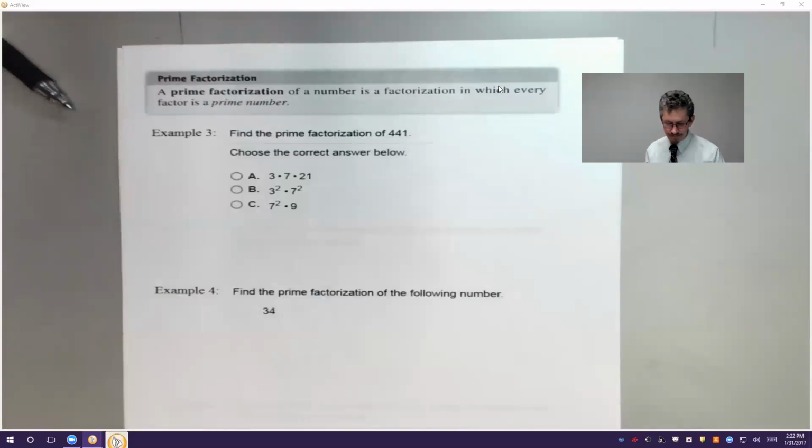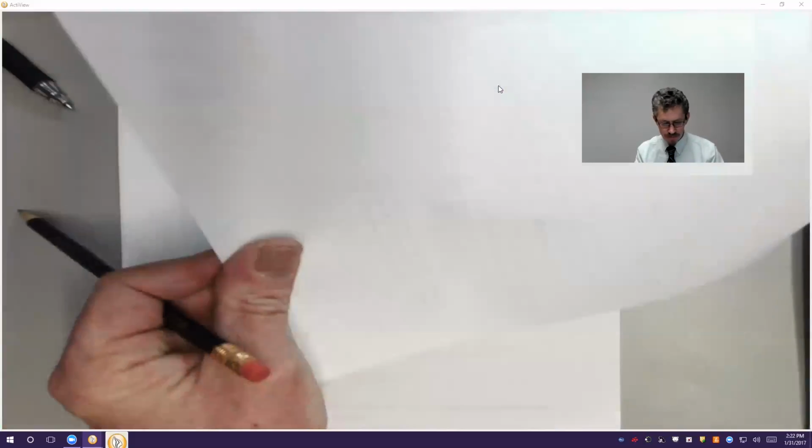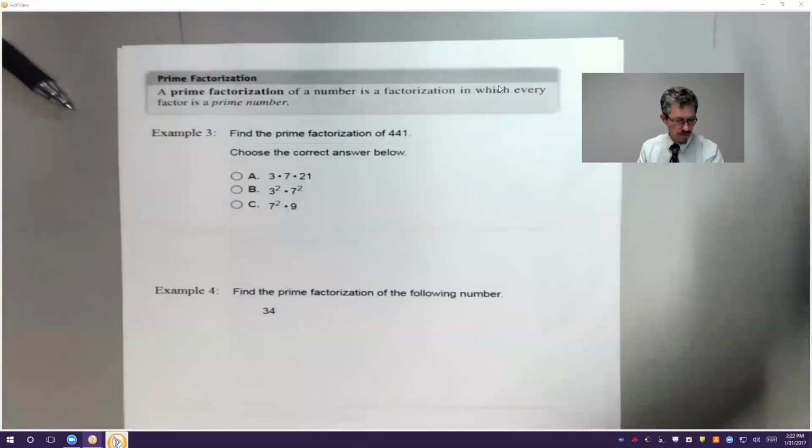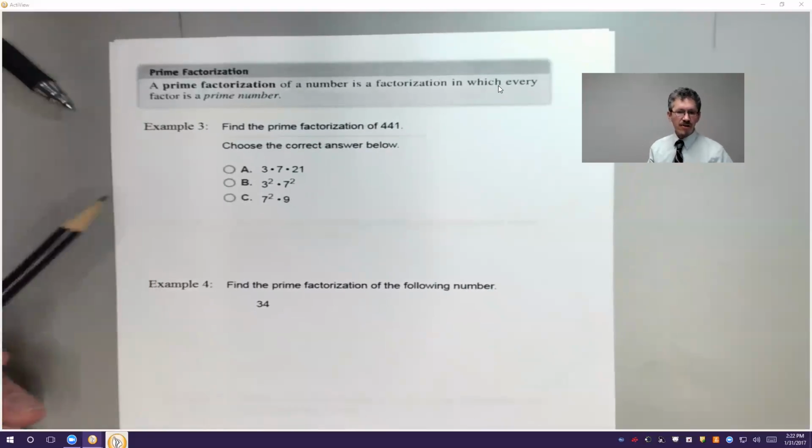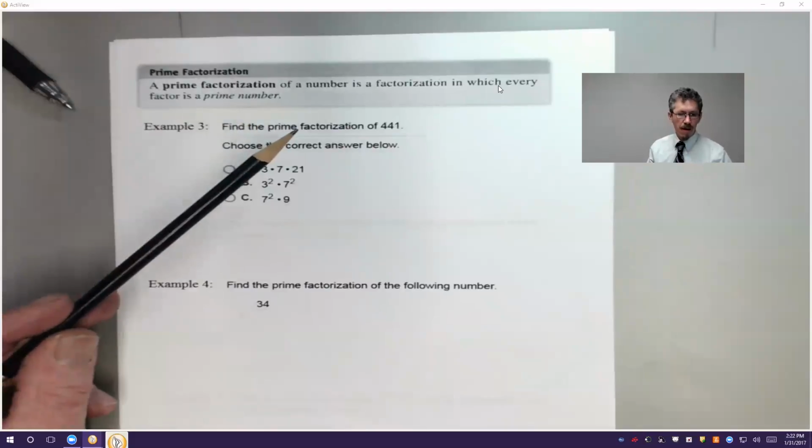Moving on. All right. A prime factorization of a number is a factorization in which every factor is a prime number. Okay?